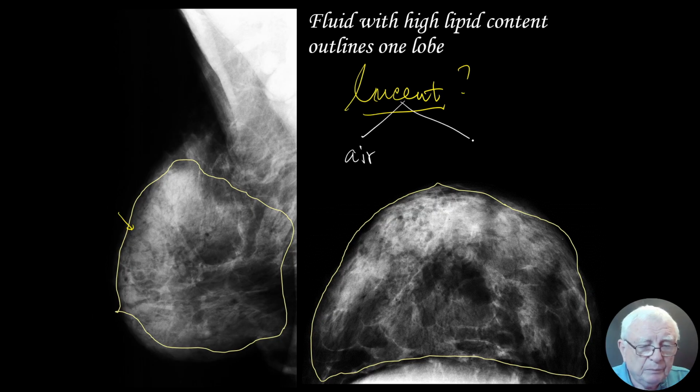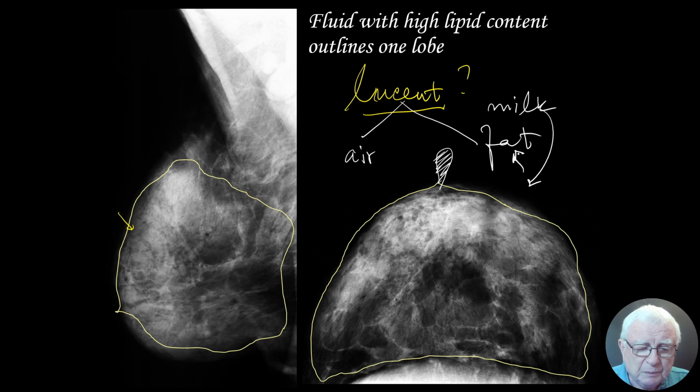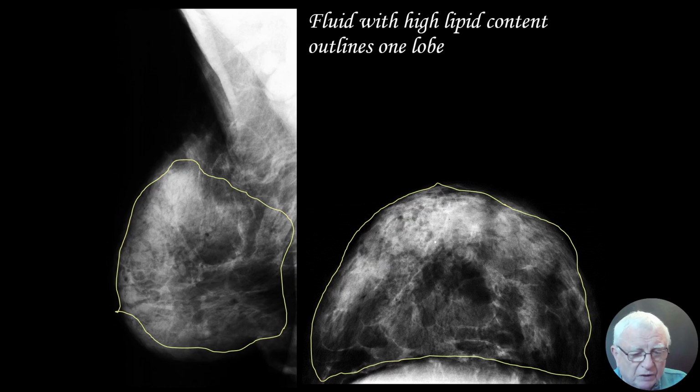Air and fat. This patient told me that she could never feed the baby with the milk coming out of this breast. The baby immediately spit it out. So it actually is milk which had too much lipid. Baby didn't like it. And if it's lipid, then it outlines the ducts and its branches.